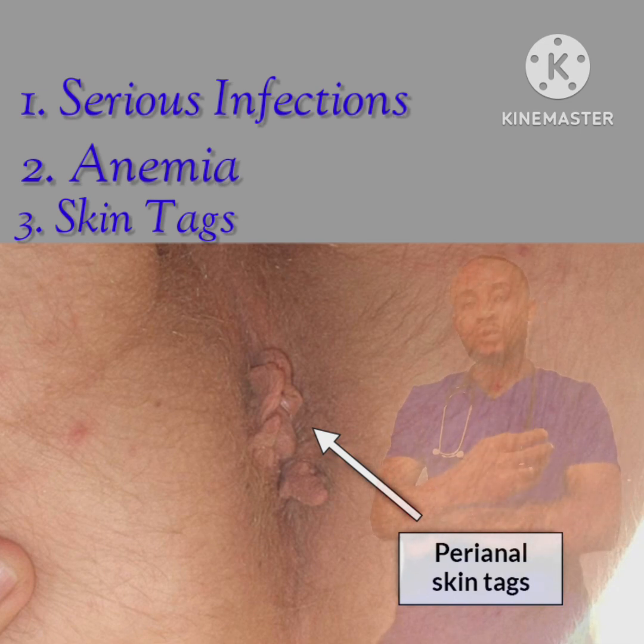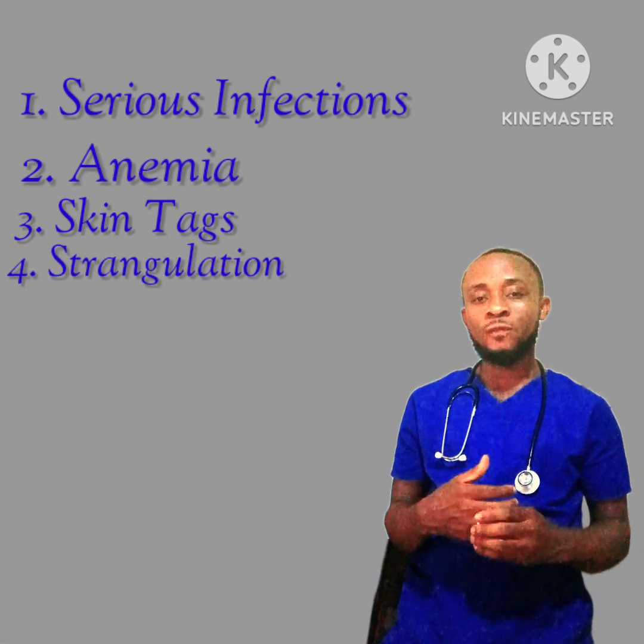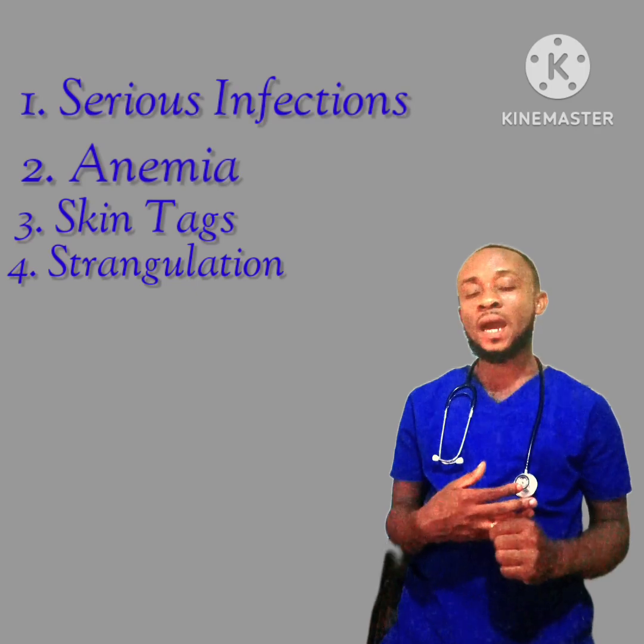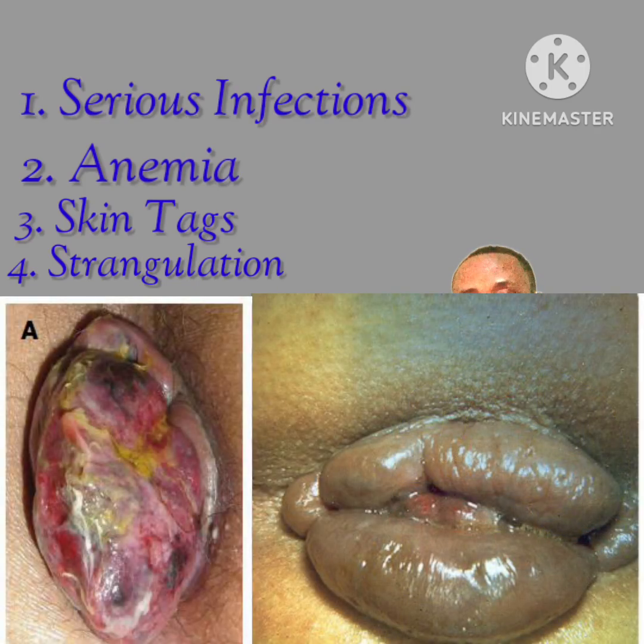And a dangerous one will be strangulation. A certain portion of that rectum or anus will not be receiving blood supply. As the end result, you will experience that portion will die. And the only solution is to get it out. Surgery, which is not good.